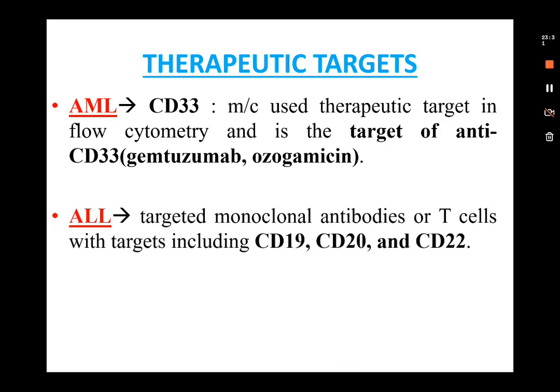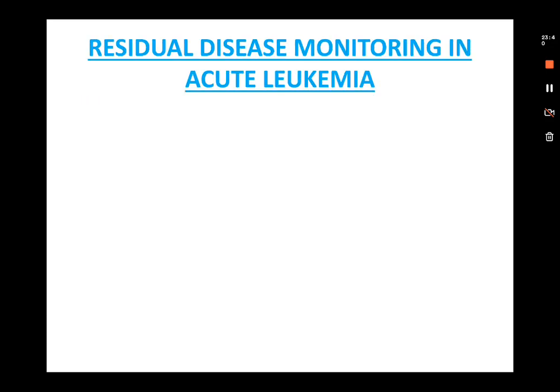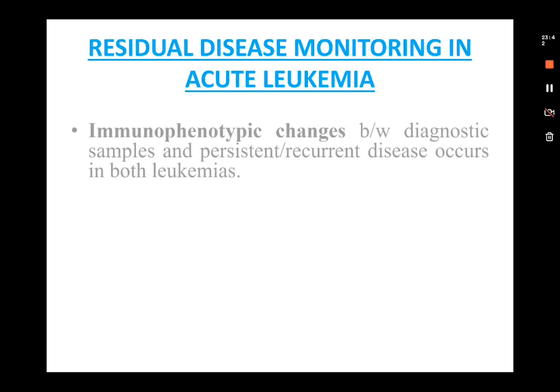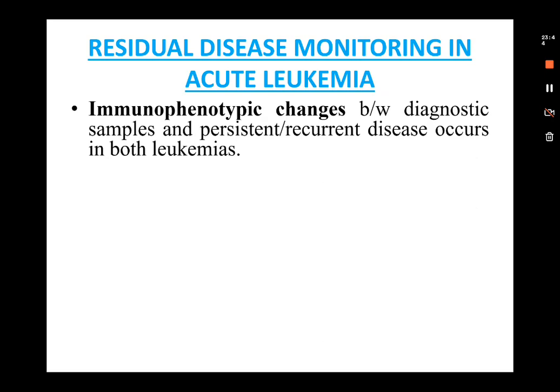In ALL, targeted monoclonal antibodies can be used, or T cells can be used, and some B cell targets like CD19, 20 and 22. Now residual disease monitoring. Whenever the patient is presenting, when you take that sample and diagnose the disease, that immunophenotype will be changing after you've treated the patient and there is something still persistent, the recurrent disease.